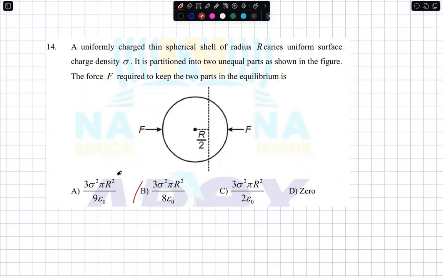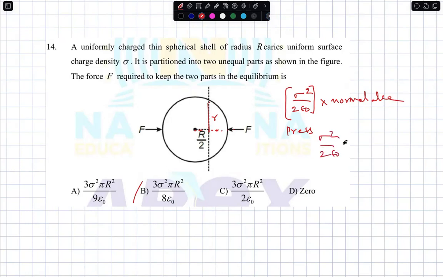14th question is a simple question. See, at this centroidal point, pressure can be given. At this point, pressure is sigma square by 2 epsilon naught into normal area. You said this is R by 2, I'm taking this as R. Pressure, electrostatic pressure into normal area. So sigma square by 2 epsilon naught times, what is the normal area?